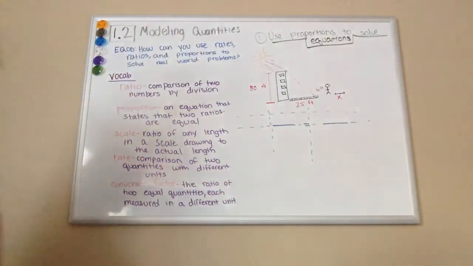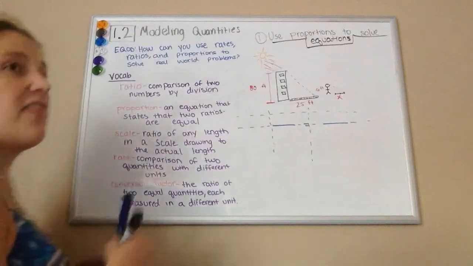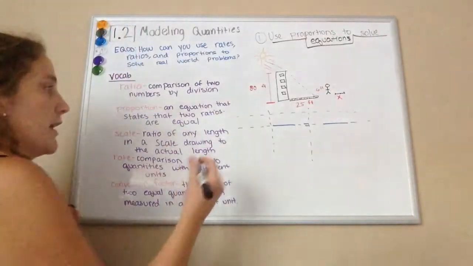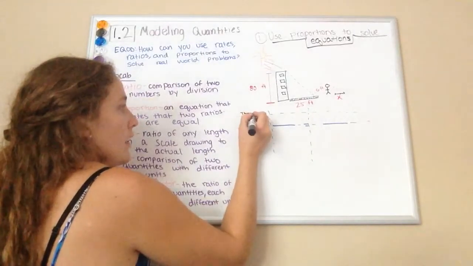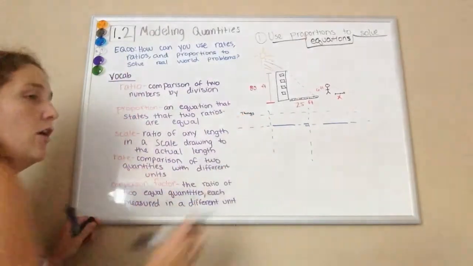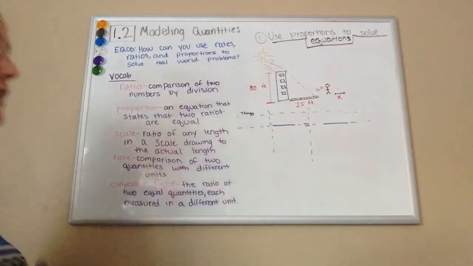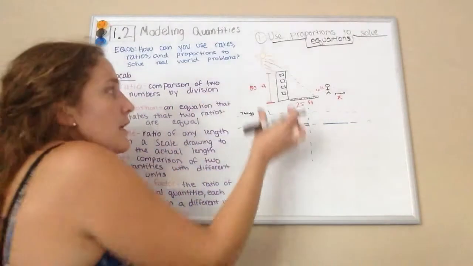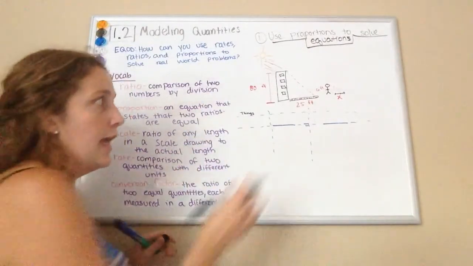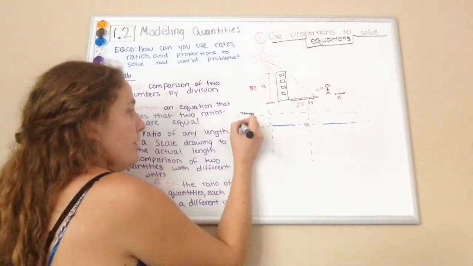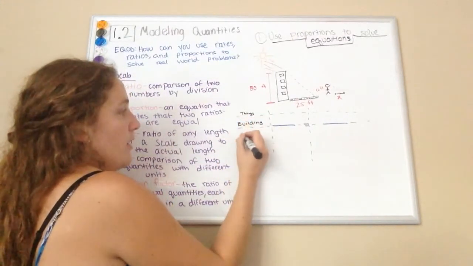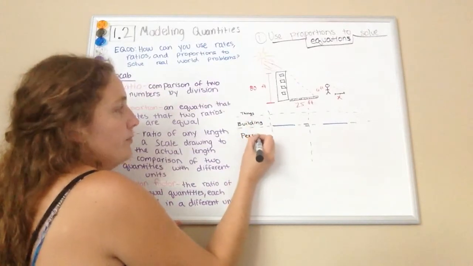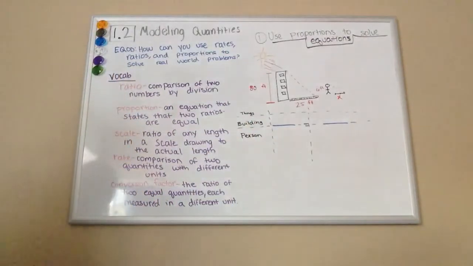Okay, so I'm going to make a little chart, and we are going to put the things that this problem is talking about over here on this left side. So the things here are the building and the person. So we've got the building and we've got the person. Okay, those are going to be for my rows.